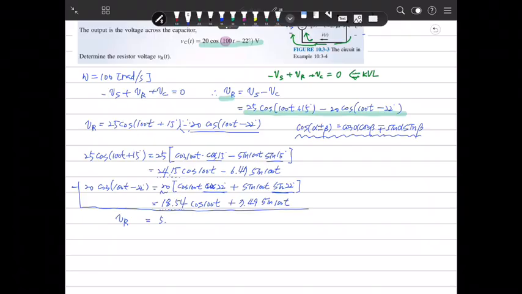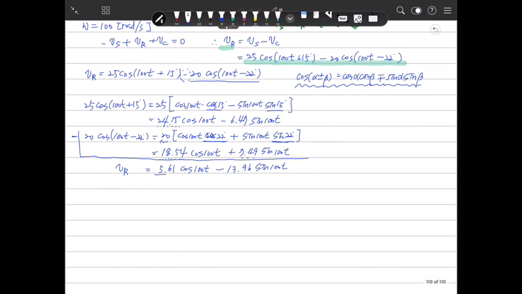Then that will be 5.61 cosine 100t and minus 6.47 minus 7.49, so that will be 13.96 sine 100t. To simplify this term, we summarize that the magnitude over here is the square root of 5.61 squared plus 13.96 squared.